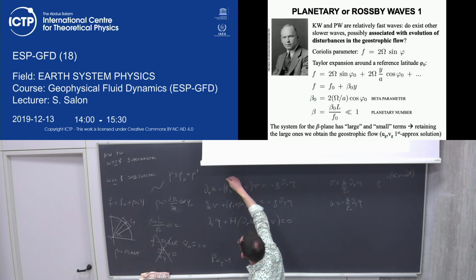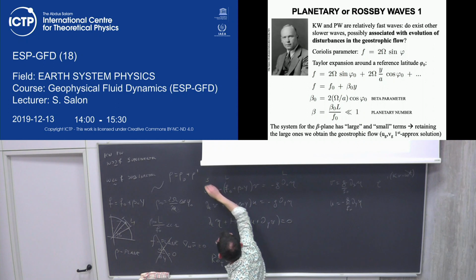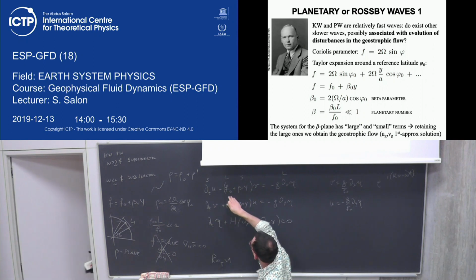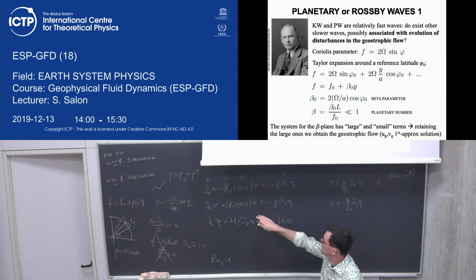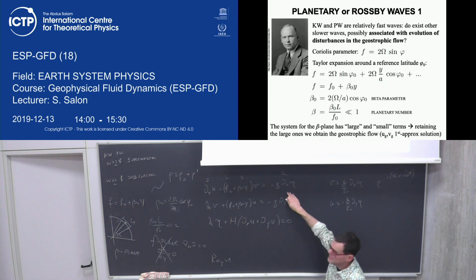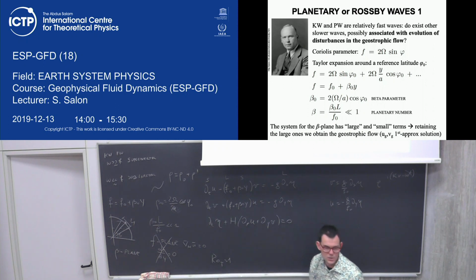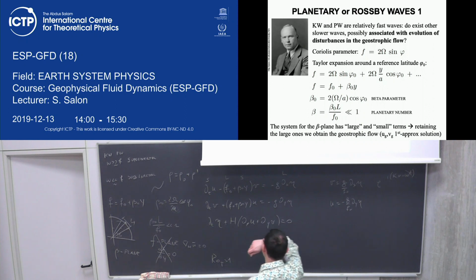So large-scale terms are this and this. The small terms are this and this. As we said before, when we have large-scale terms, we are satisfying the geostrophic approximation, right? When we add the small terms, we are giving the perturbation. With the perturbation, we trigger the wave.